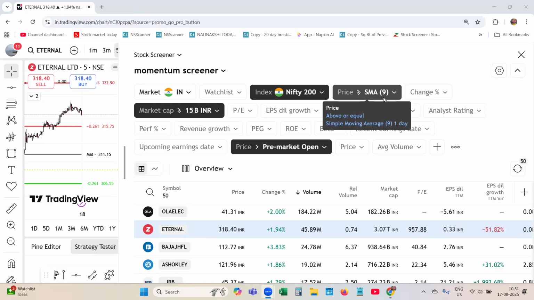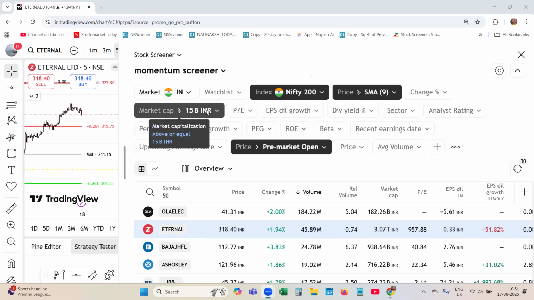See, I have placed the cursor. The condition I have put is above or equal simple moving average 9 period 1 day. You can see there. If I place the cursor over here, it is showing I have selected the index 200. If I place the cursor on this, market capitalization above or equal to 15 billion Indian rupees.